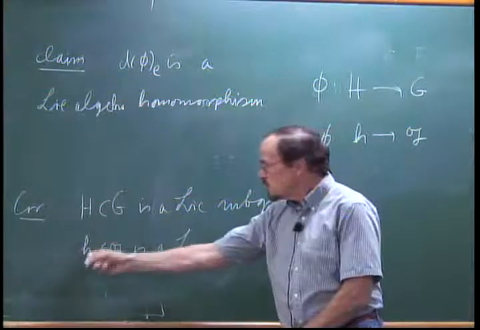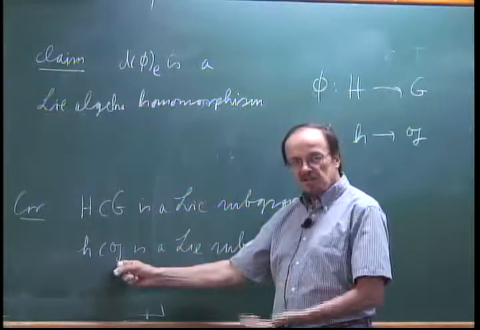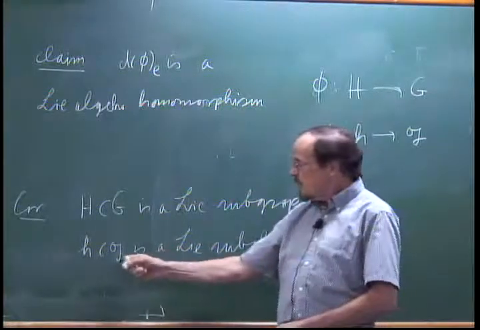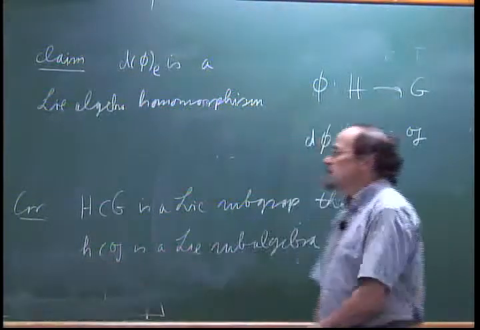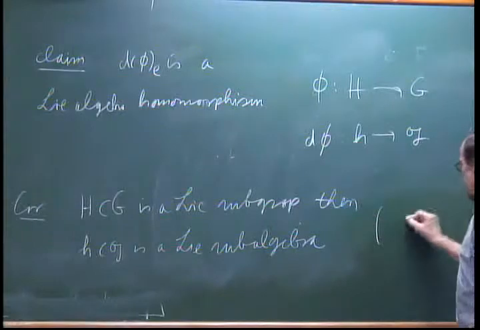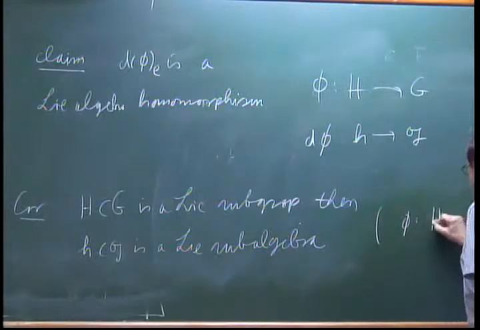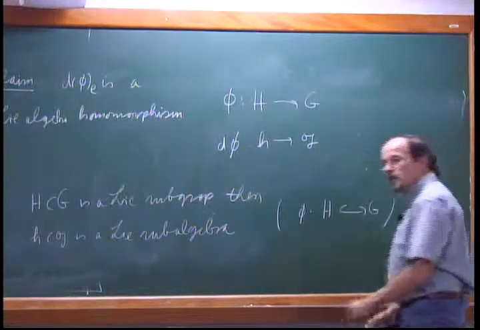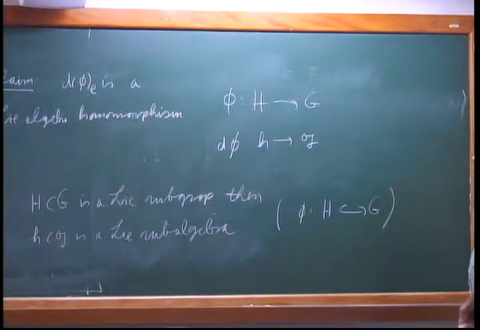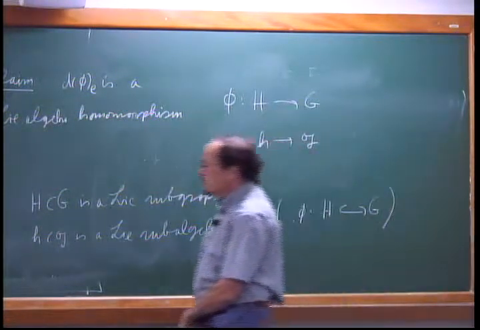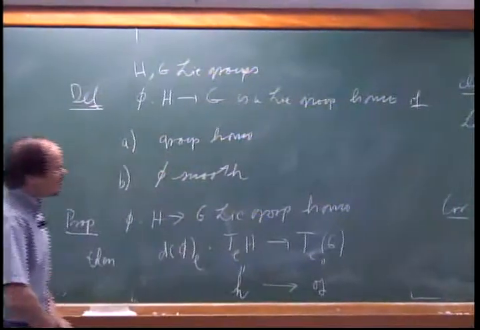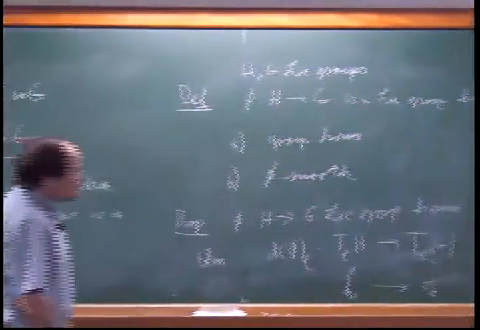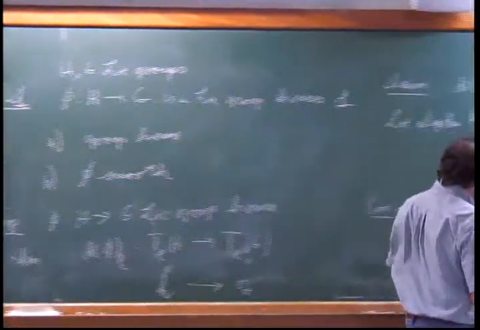Of course, this is naturally contained in here because they're the tangent space at the identity, but it says that the brackets of H are simply the brackets of G restricted to H. This follows by just taking phi to be the inclusion. If H is a subgroup, we have the inclusion homomorphism, and the derivative of inclusion is just the identity. So this just becomes the inclusion of the Lie algebras, and that's a subalgebra. That's important: if I have a subgroup, I get a subalgebra.